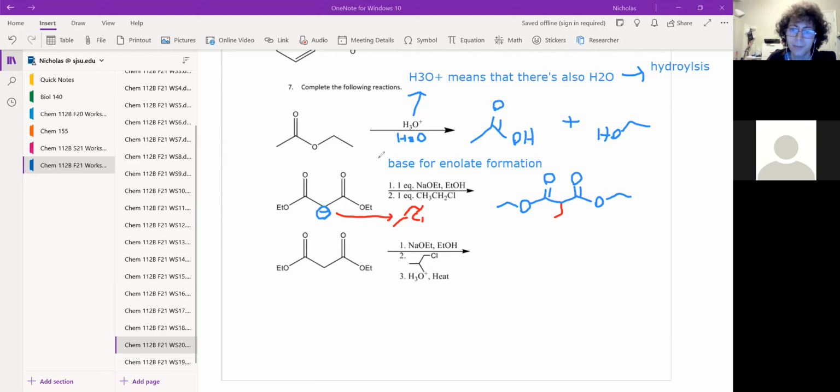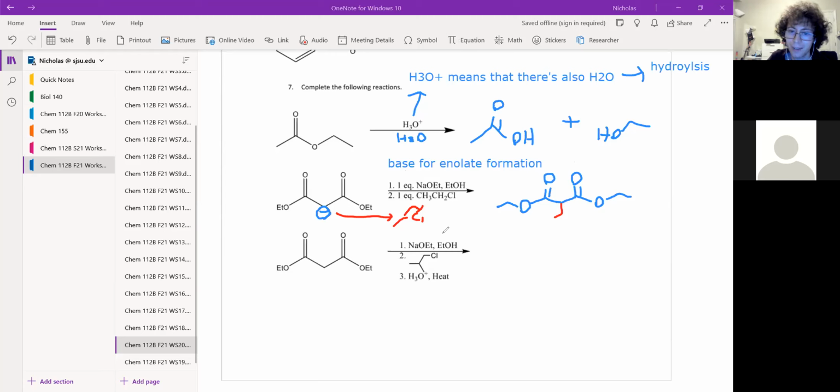And I want to emphasize that the equivalents here are important, and Okuda will put them on the exam. So we're adding one equivalent because we only want to form one enolate. We don't want to take all the protons from it. And then you're putting one equivalent of the alkyl halide to only add one ethyl group here.